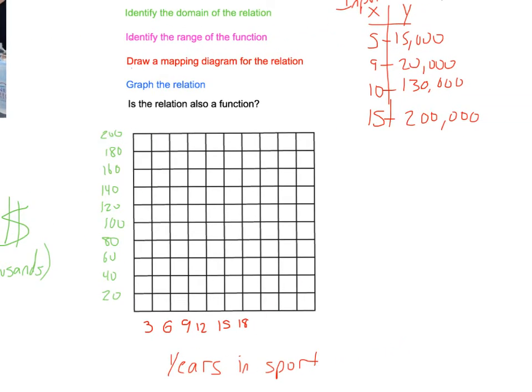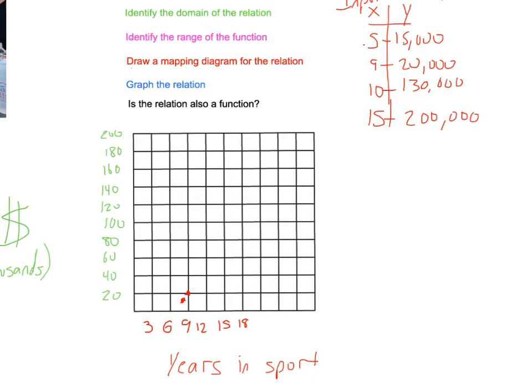So to graph, the first point would be 5 and then 15,000. So I go right to 5, which is approximately right there, and then up to 15,000, which is more or less right there. Not super exact, but it's there. 9, 20,000, so over 9 up to 20,000.